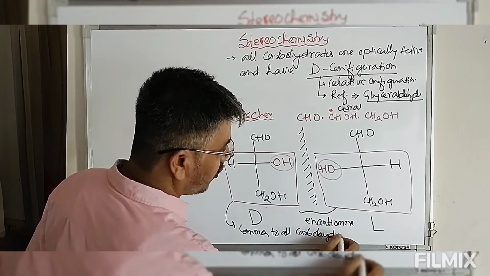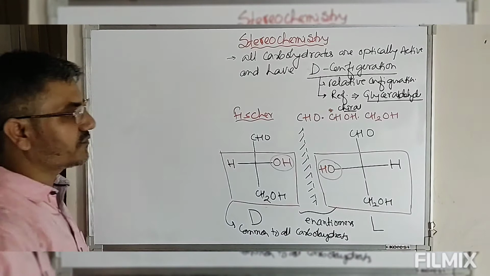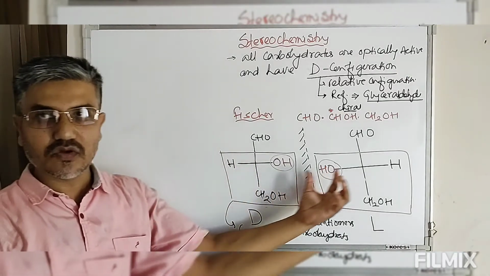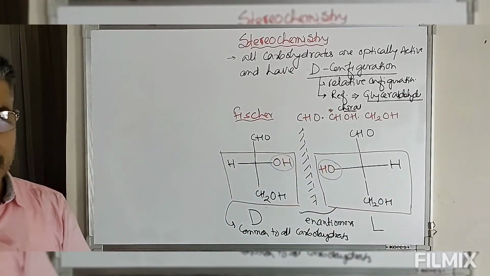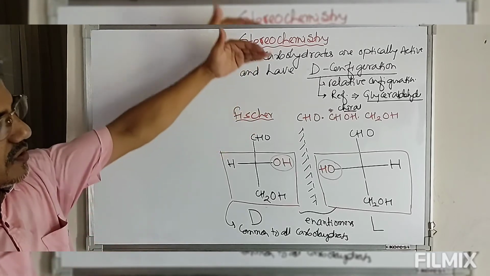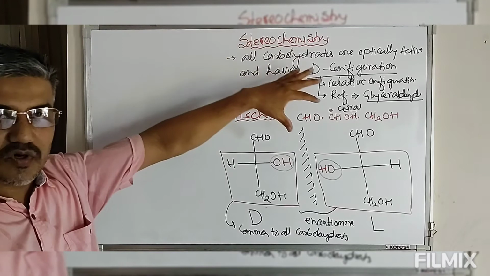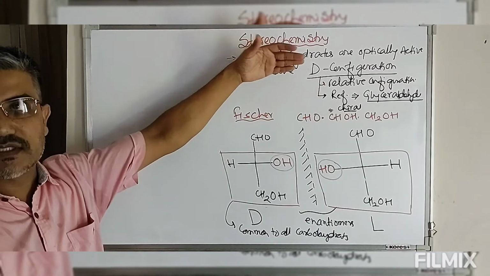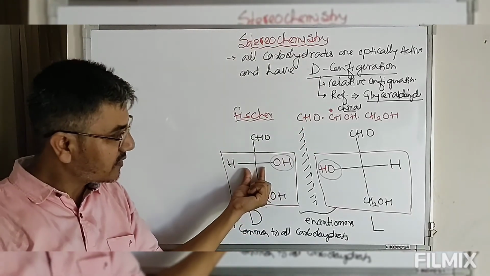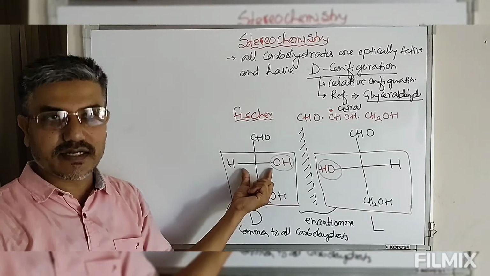So this being common to all carbohydrates, we'll compare the configuration of those carbohydrates with the configuration of this glyceraldehyde. Irrespective of the chiral centers present in the carbohydrates, we are least bothered about the other chiral centers. We are only concerned with the configuration at the highest chiral center.